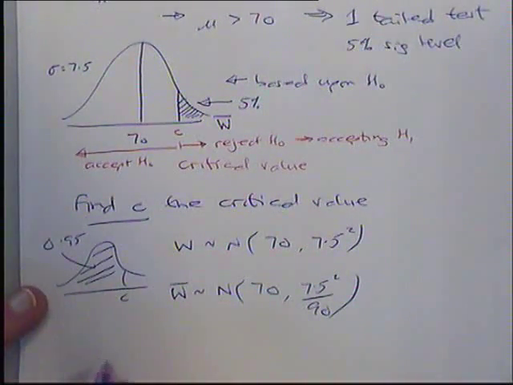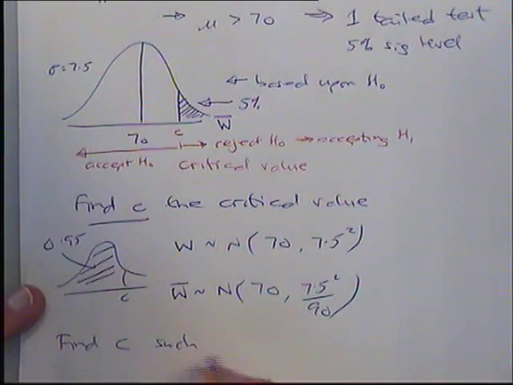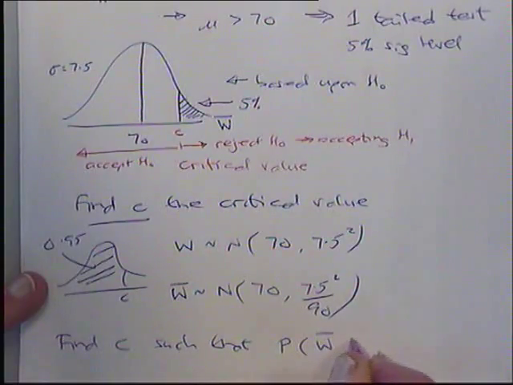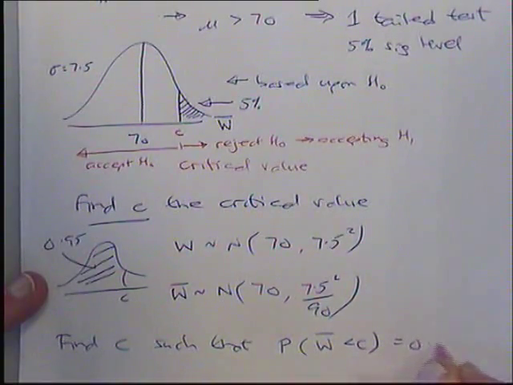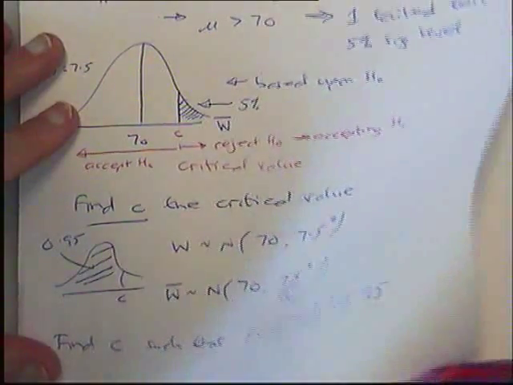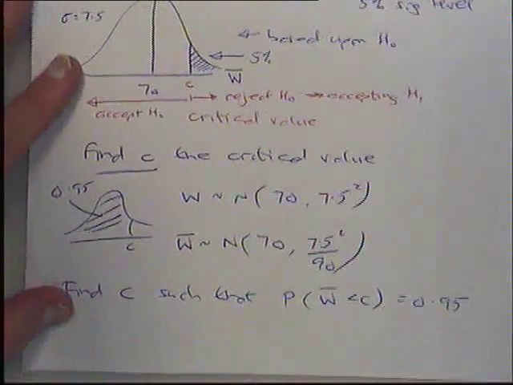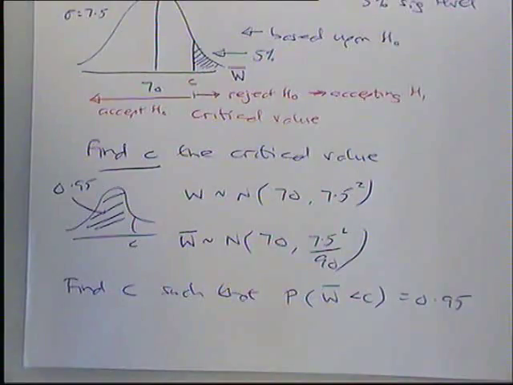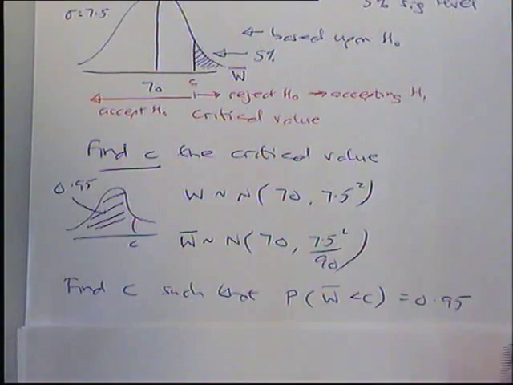So what I need to do now is I need to find C such that the probability W bar is less than C is 0.95. I want to find that C value according to that. So, how would I go about doing that?